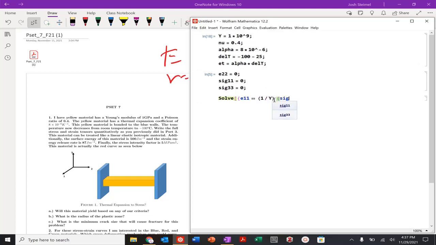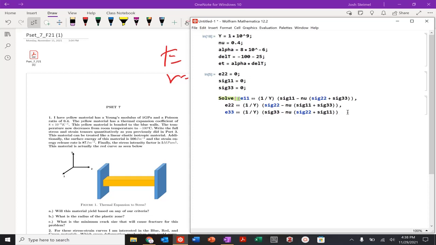So Y times sig11 minus nu times sig22 plus sig33, and then E22, and so on. We know the story from here, and then finally the 3,3 and 1,1.